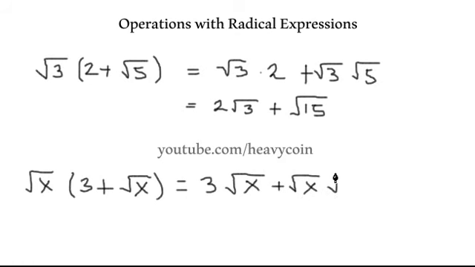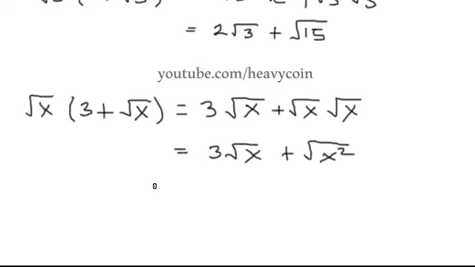So we can kind of simplify this down a little bit. Now, a square root of x times square root of x, if I write that under, that's x times x is x squared. But that will reduce down to 3 times the square root of x.